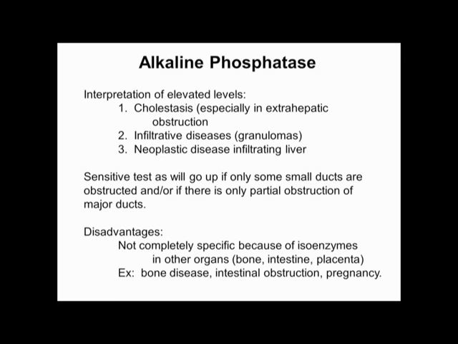Bone disease is the other one. So if you see a mild or moderately elevated alkaline phosphatase that's persistent, you have to think, is this from bone rather than from liver? You can actually fractionate it, and the lab can tell you, is it primarily bone or primarily liver? So if somebody has a healing fracture, their alk phos is going to go up while it's healing.